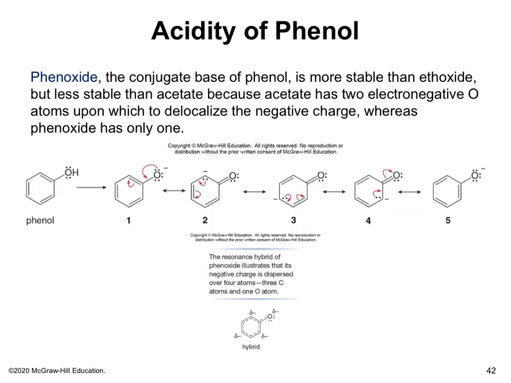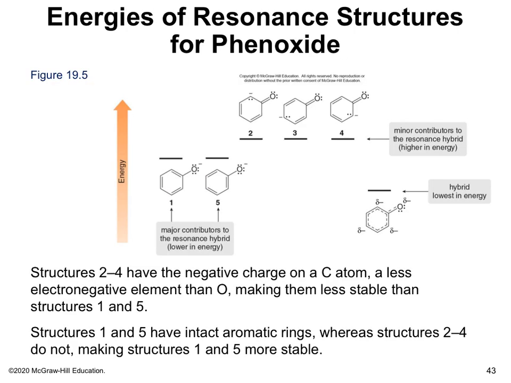This is organic 1. This pKa is 10, and the reason why is because the negative charge can be stabilized on the carbon within the ring. And that's just showing you the stability.